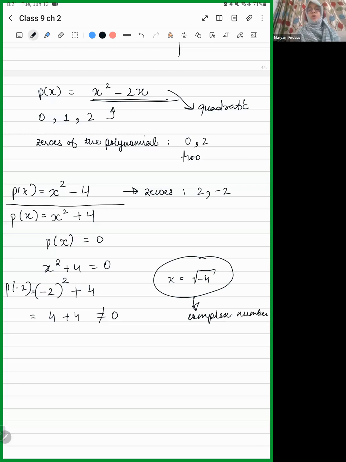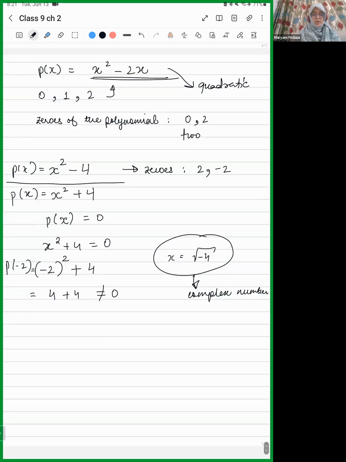Real numbers are those numbers where you can have a square root of a positive number. But when you have a negative number under the square root, then this becomes a complex number, which you will study in 11th grade. You won't study it in 9th or 10th.